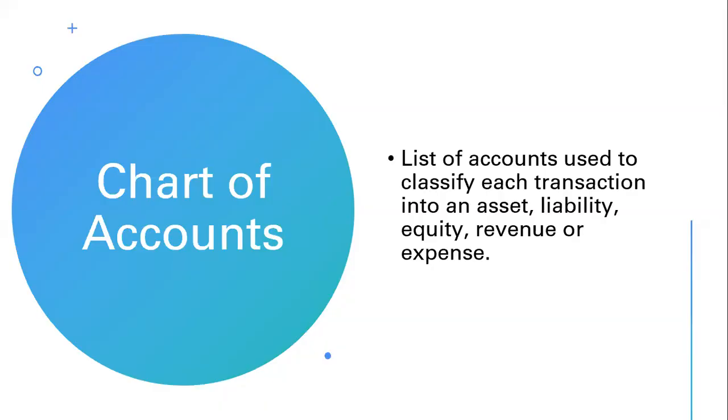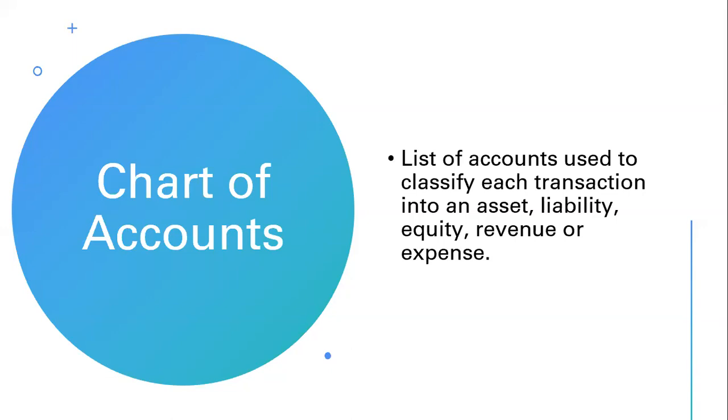Okay, so let me take you to the chart of accounts, because financial software deals with a chart of accounts just like any other setup. So what then is a chart of accounts?